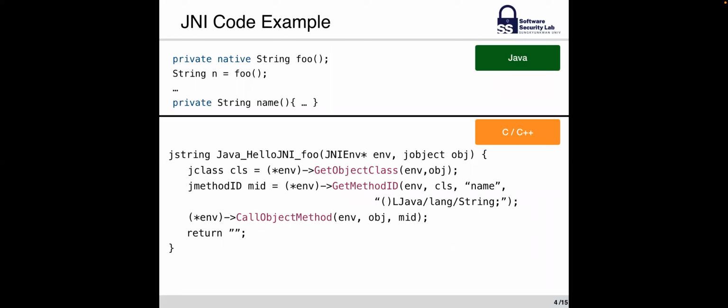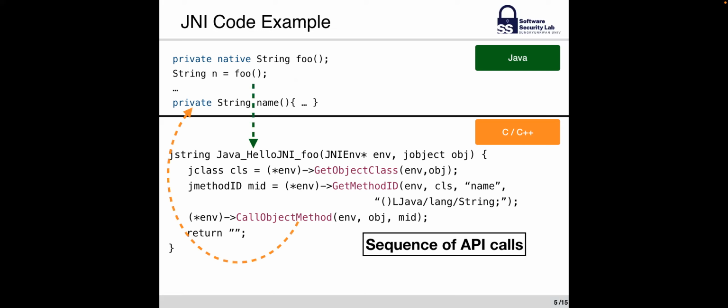This is a very simple source code example showing how Java and native code interoperate with each other. So this is the Java side, and this is the native code written in C. In Java code, native functions are declared with the native keyword here.